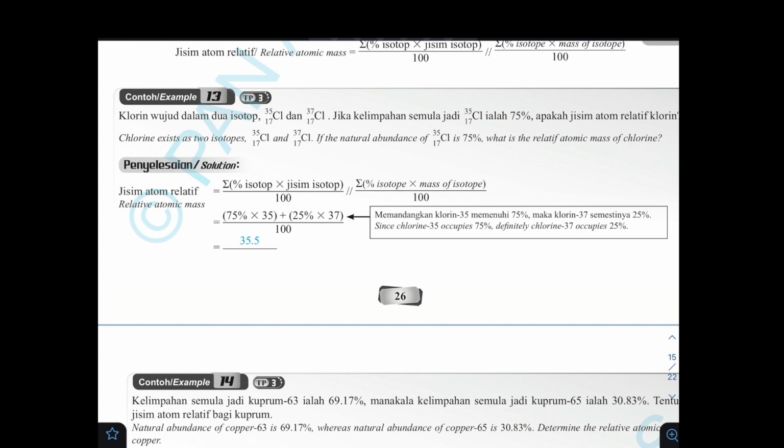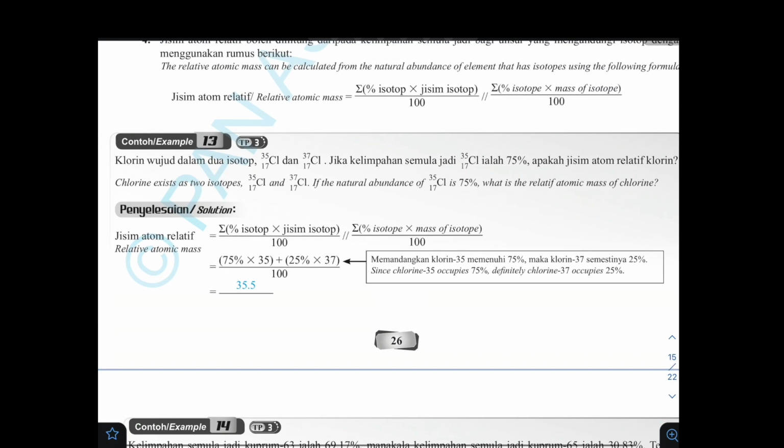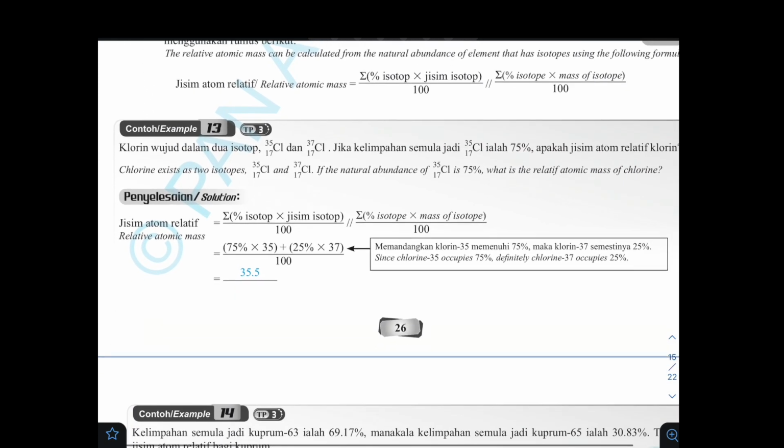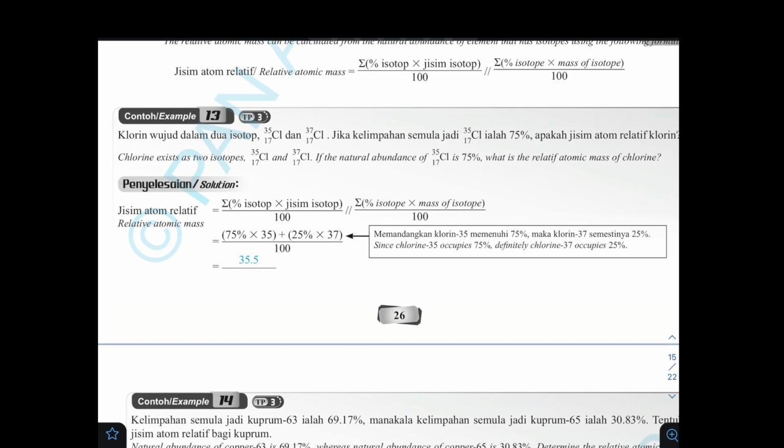So kamu tengok di sini, kalau kita nak cari relative atomic mass of this Cl ya. So 75% of isotope ini, first isotope ni 75%.